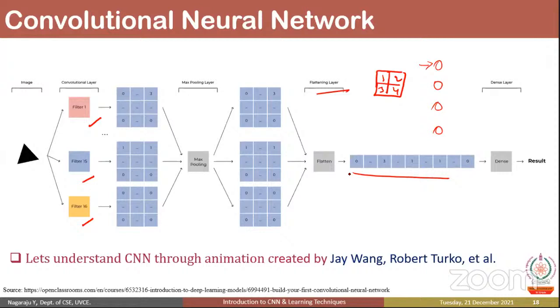All these values are going to be the input for the dense layers. This value is for this node, this value is for this node, and so on. Like this, each and every value is going to be input for one particular node in a dense layer.